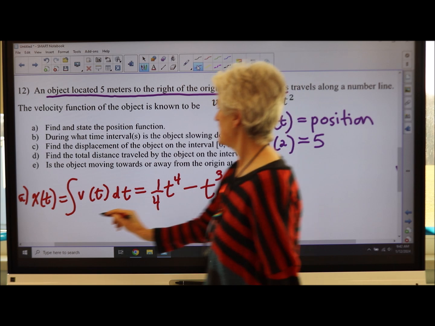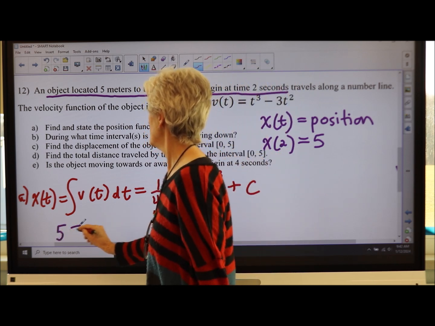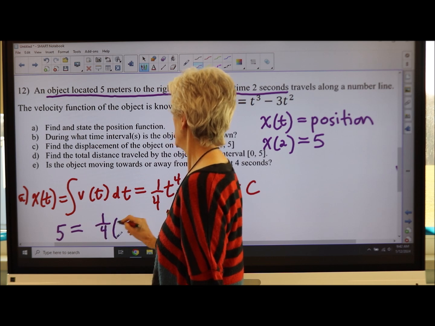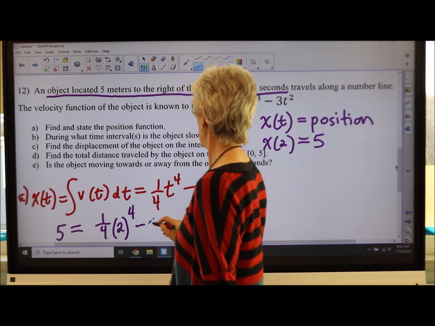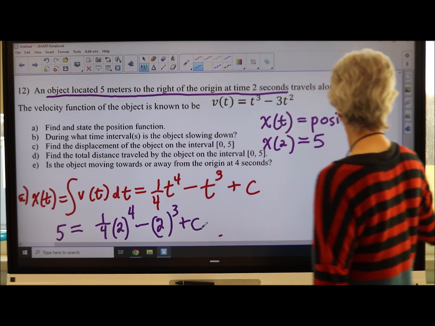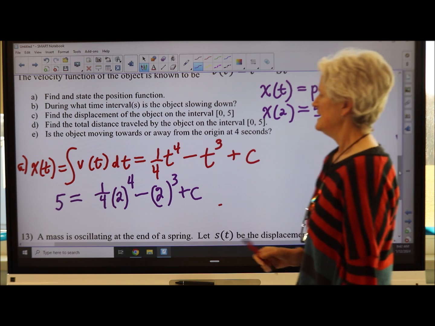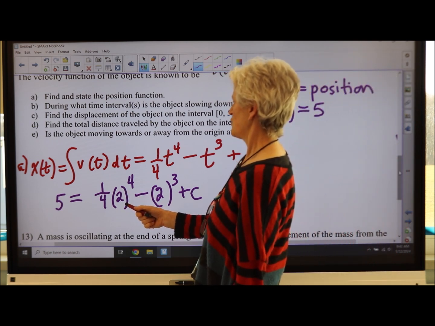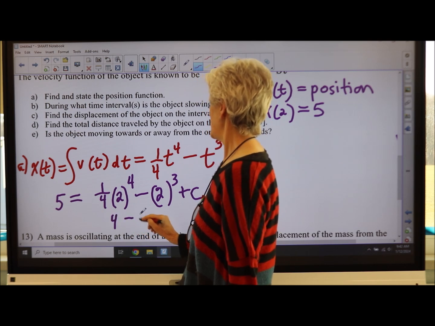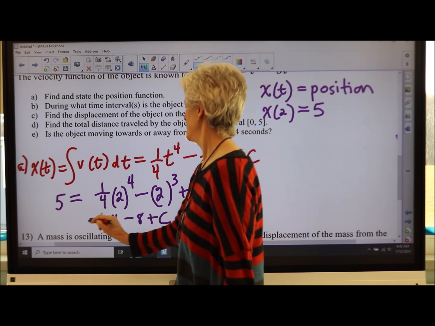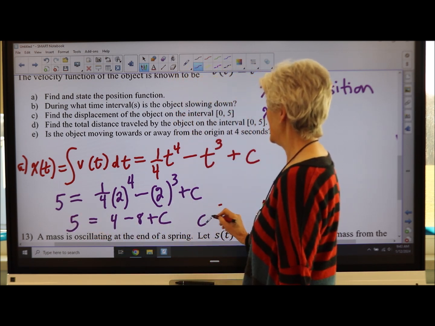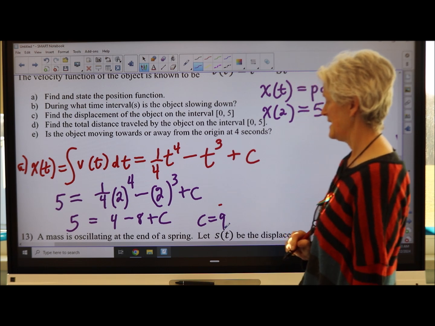We're going to say that 5 equals this position when my time is 2, and I think we can just do the arithmetic there. Let's see, that's going to be 1/4 of 16, that's 4, minus 8 plus c equals 5. All right, that's going to be c equals 9, I believe, okay?